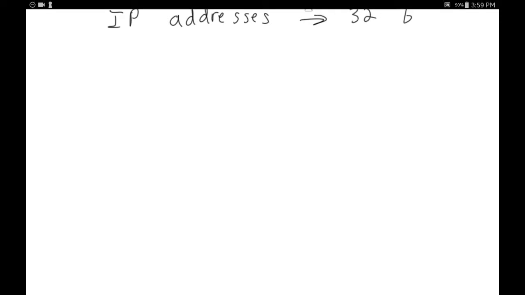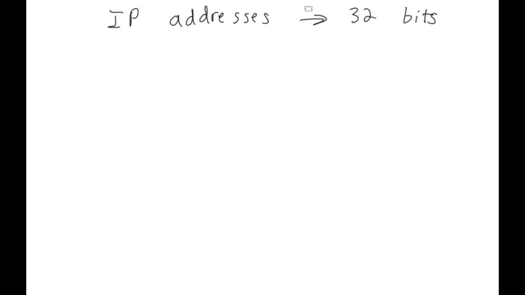So, first thing that's important to know is that IP addresses are composed of 32 bits. Now, it's also important to keep in mind that in this world, byte addressability is really important. Most of our devices can handle that a lot better.